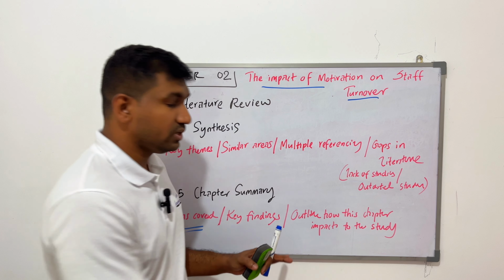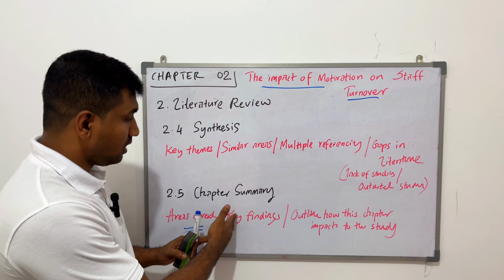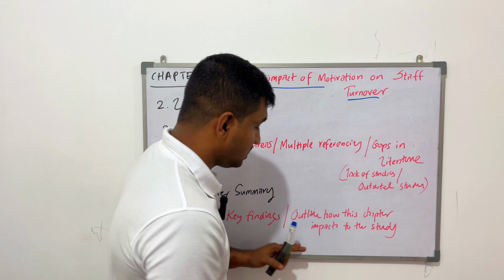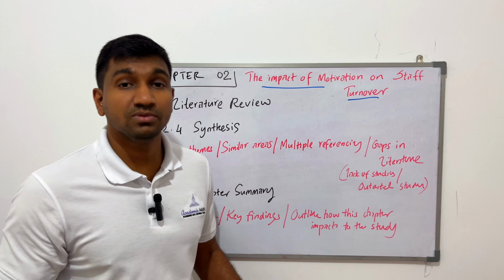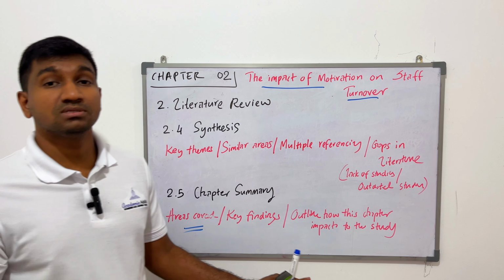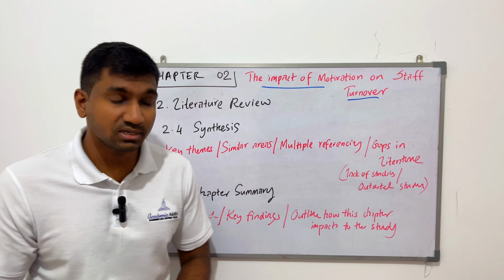Also try to link this and give the report a hint. Soon after you complete these two sections, you can outline how this chapter impacts the study. So this chapter is going to help you with what? This is the secondary research. The primary research is where you collect new, raw data and discuss those findings.